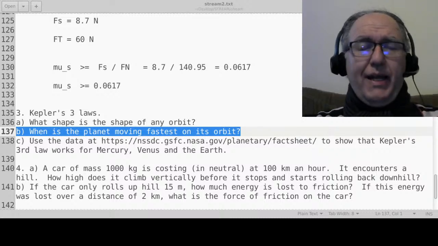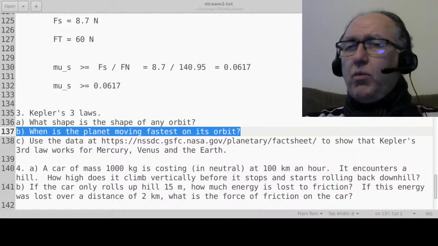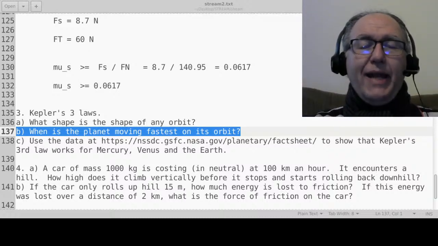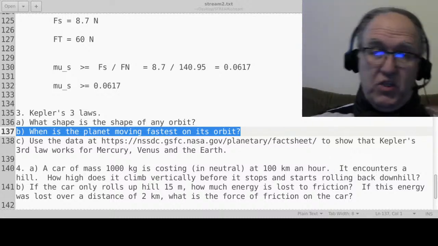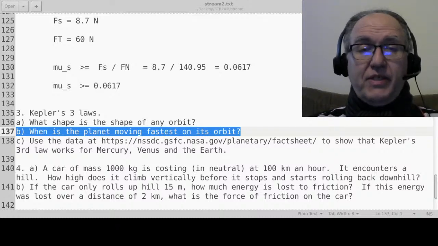Because the planetary orbits are ellipses, and the sun is at one of the focal points, part of the orbit is closer to the sun and part is further from the sun. Planets move fastest when they're closest to the sun, and slowest when they're furthest away. That is a qualitative statement of Kepler's second law.